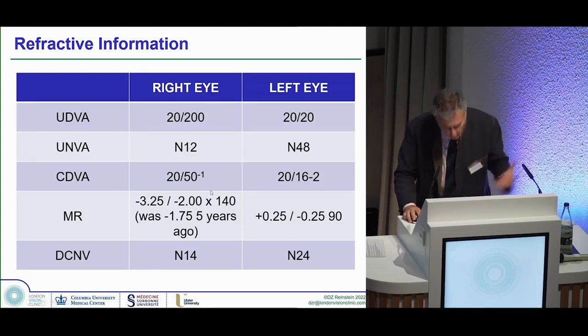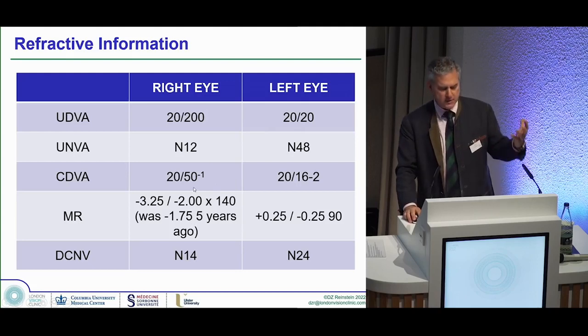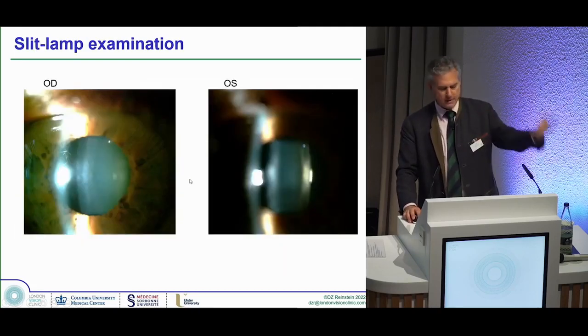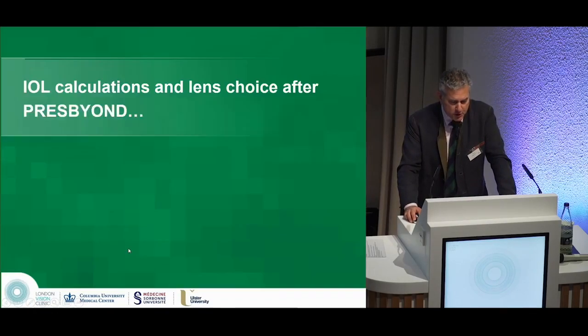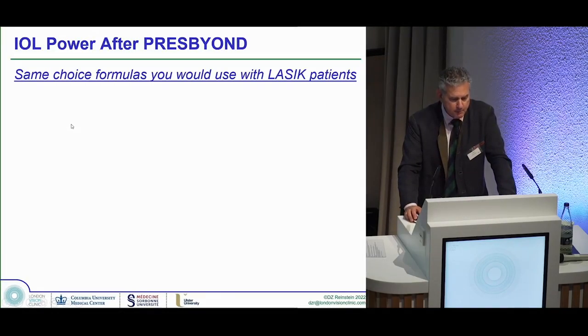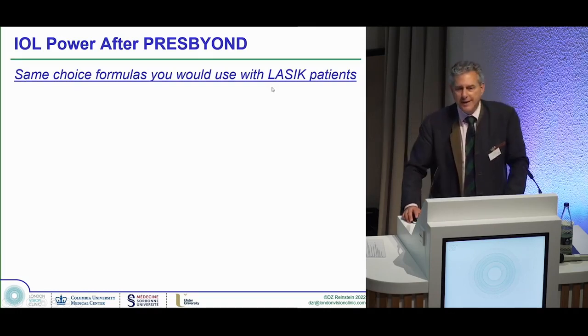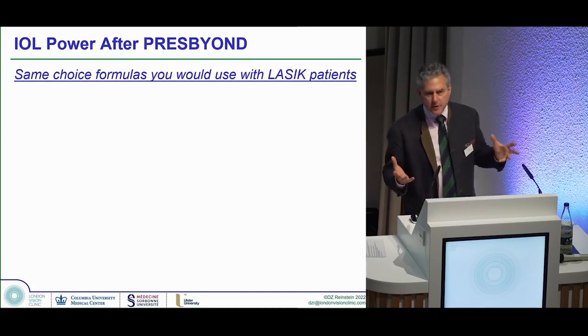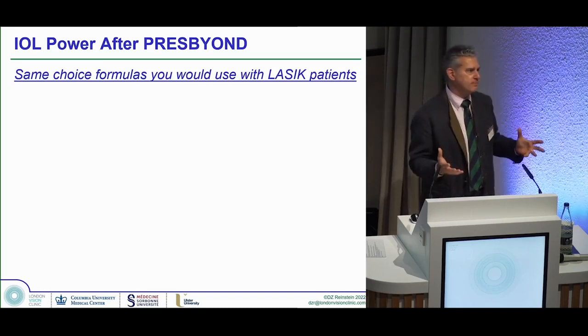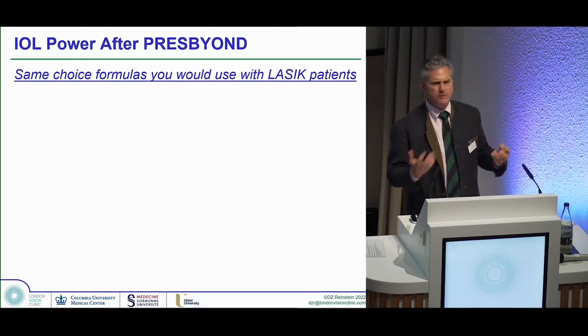So she comes back all those years later, myopicized with best corrected loss. Okay, now we're back in the saddle here. So how did we choose this IOL? Well, here it is. First of all, the power calculation is the same as you would use for any other LASIK patient because, remember, PRESBYOND doesn't make weird topography post-ops. It's not like a PresbyMax that's a multifocal cornea.